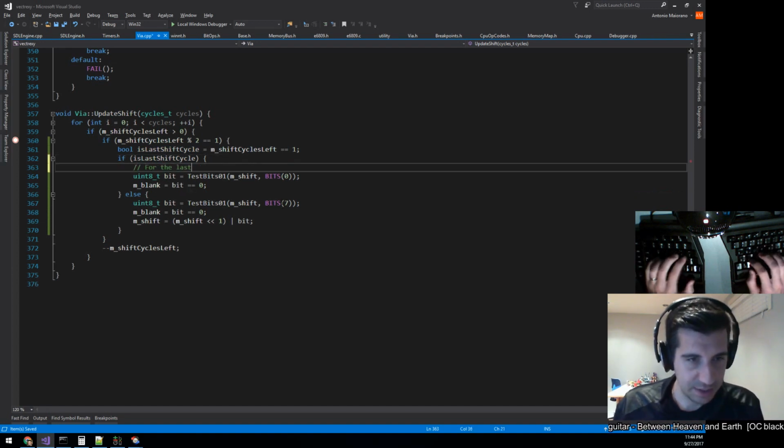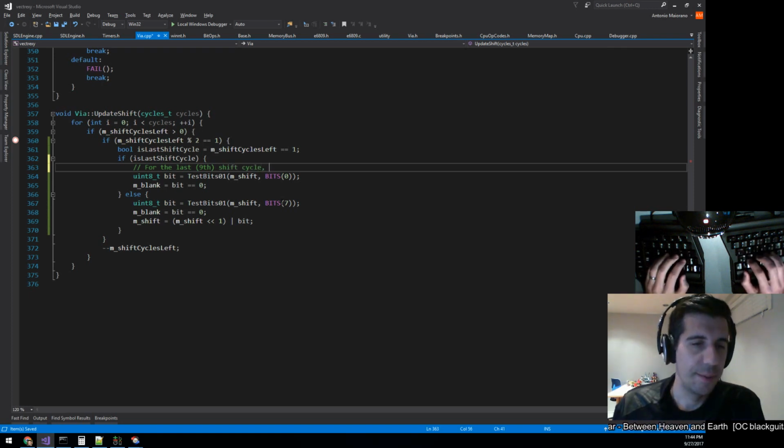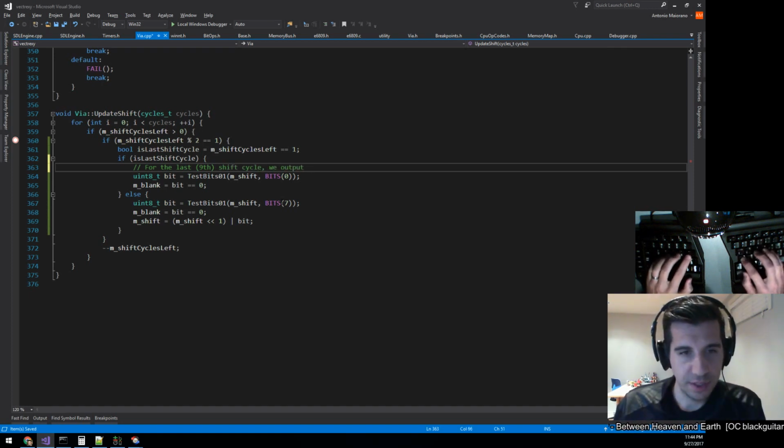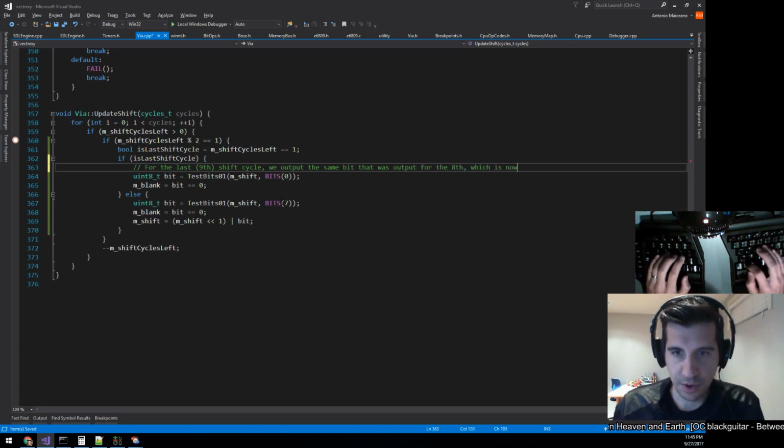For the last 9th shift cycle, we output the same bit that was output for the 8th, which is now in bit position 0.